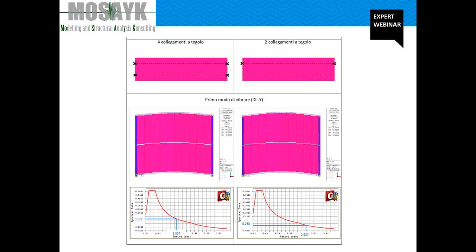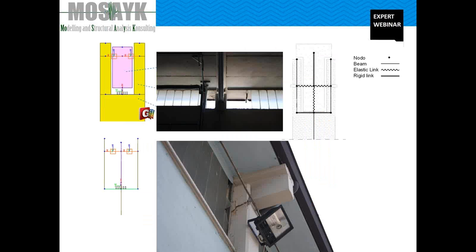Using a Midas Gen model, we can perfectly define if the roof is rigid and can be classified as a rigid diaphragm, or if the roof is flexible and can be classified as a flexible diaphragm. We know that in the Eurocode and in many codes all around the world, the two behaviors are different.